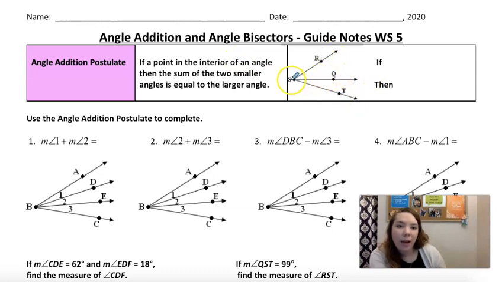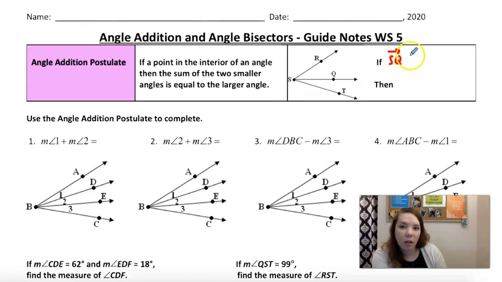So if I have this ray SQ in the interior of an angle, then, well here, we'll say SQ, and it's a ray, so we put the mini ray symbol above.